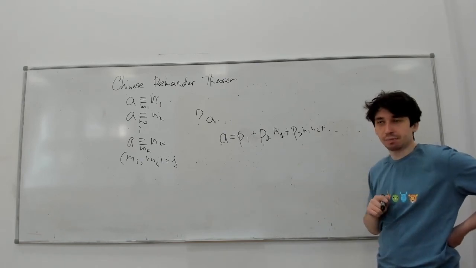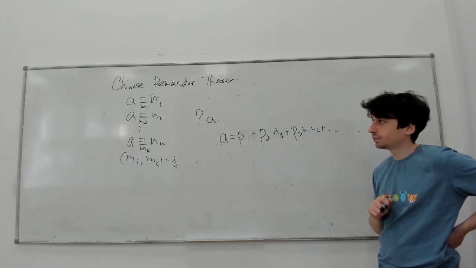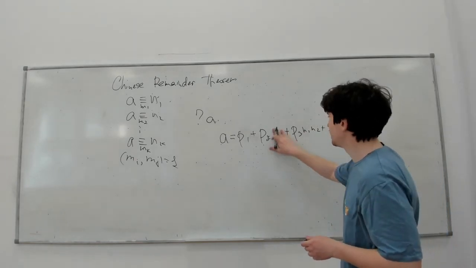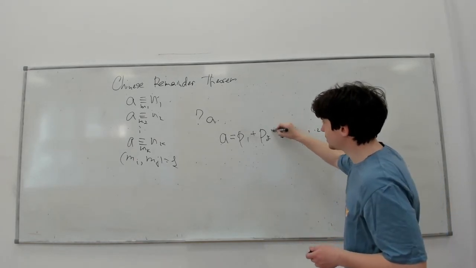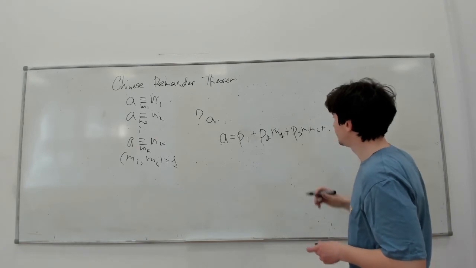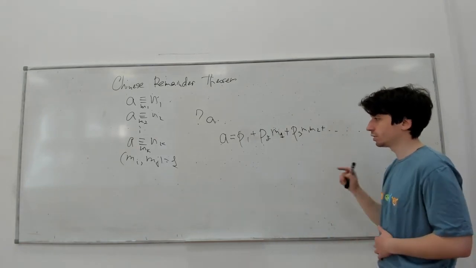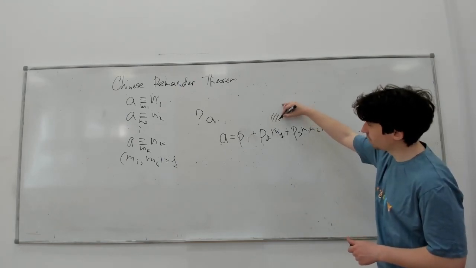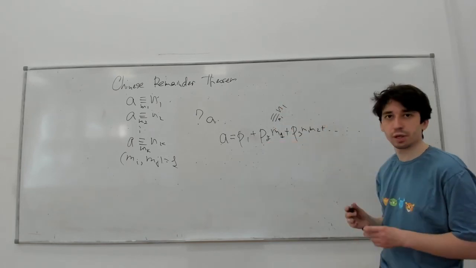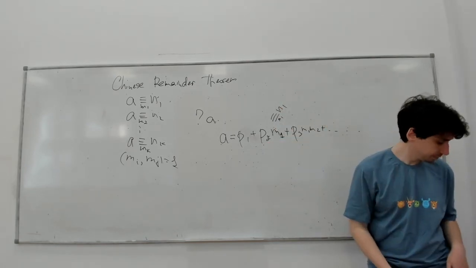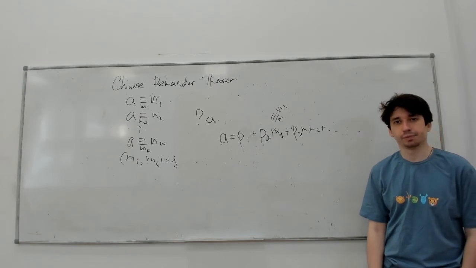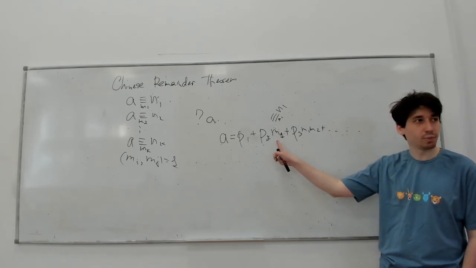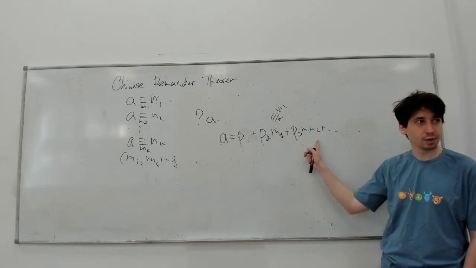Everything to the right is divisible by M1. Oh, sorry, I made a mistake. This is not N, this is M here. This is a modulus. So you want this modulo M1 to equal N1. You know that this is divisible by M1, this is divisible by M1, and so on.